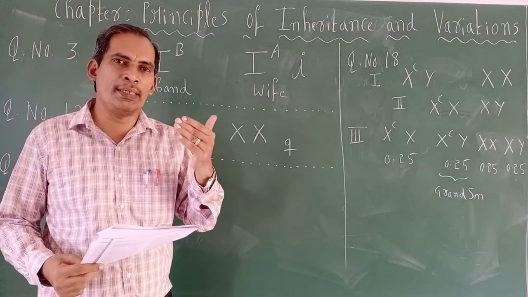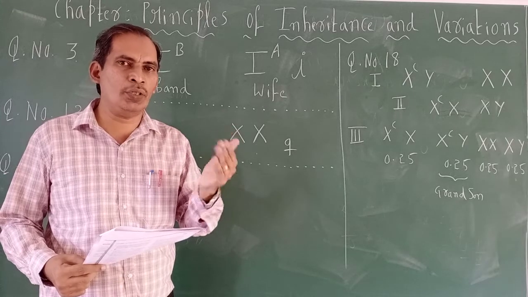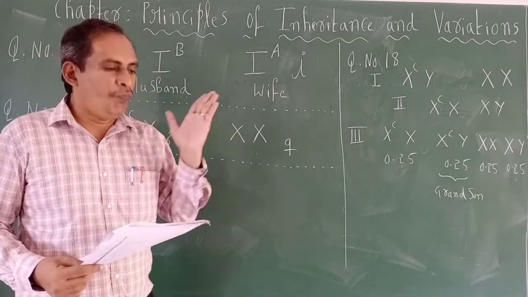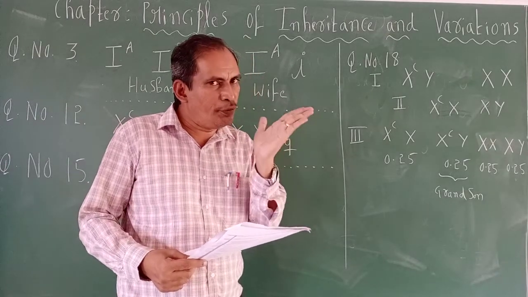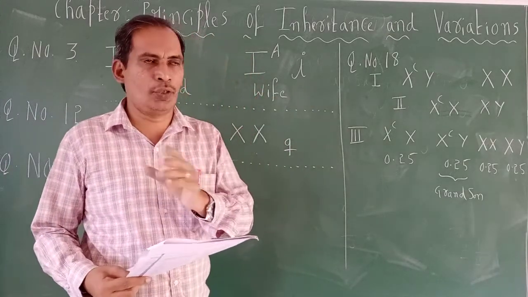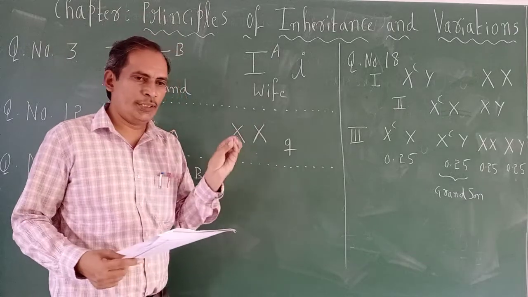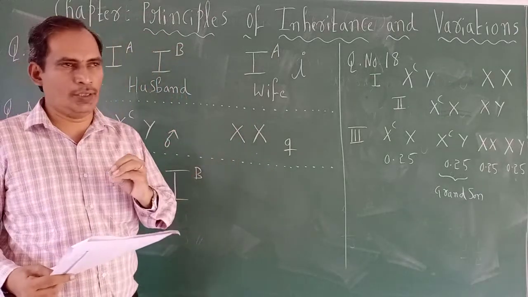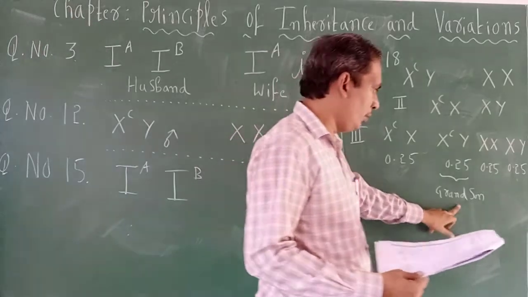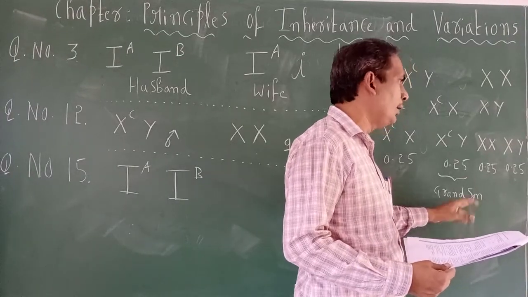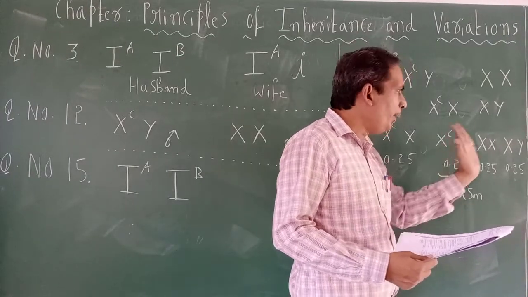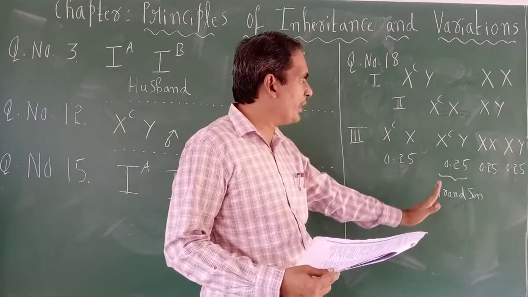A male cannot directly transfer the character to his son. First, the character is passed to the third generation. So in this case, you look at the word grandson, third generation. So in the third generation, 25% of males are affected by colorblindness.